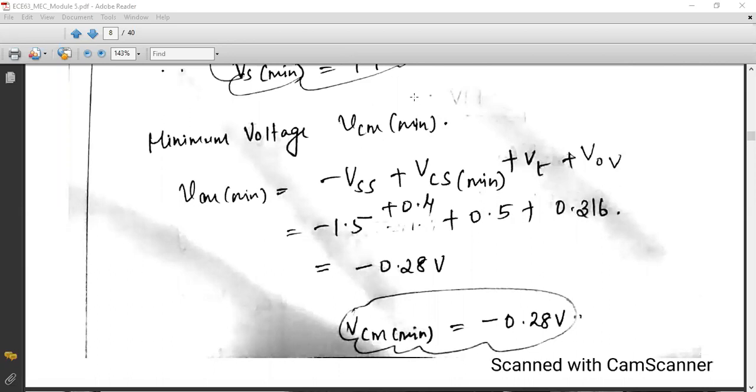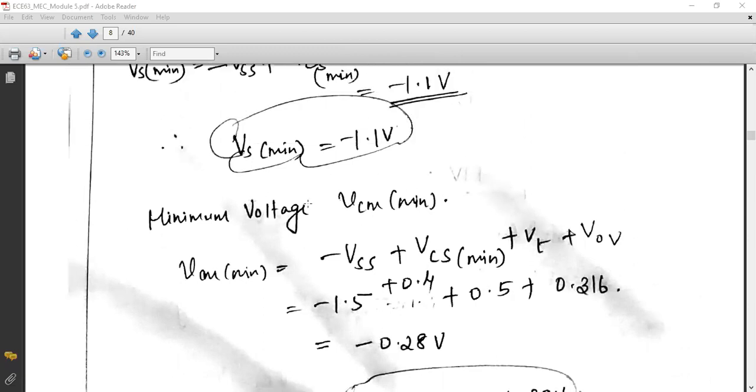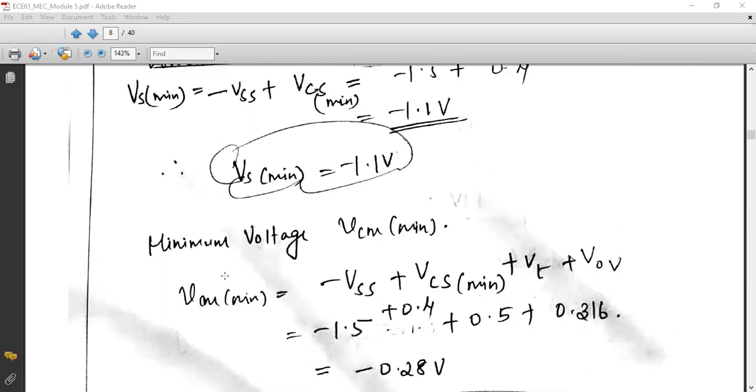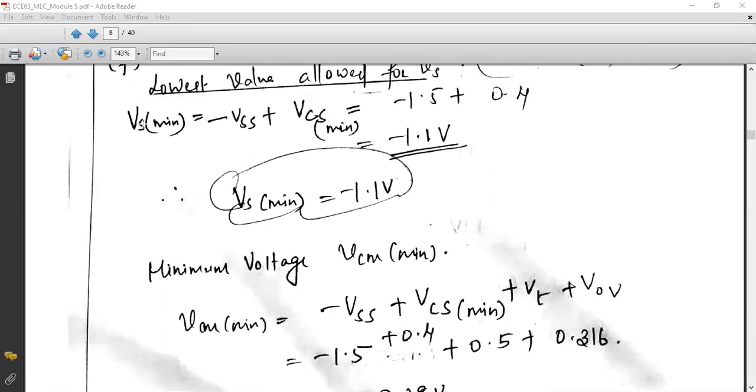So while evaluating the typical range, that is the upper limit and lower limit, don't consider VCS. It can be considered as 0. Clear? But if they have specifically mentioned that the minimum value of common mode range is to be found out by using the minimum value of Vs, then we need to consider VCS as 0.4, whatever is given in the question.